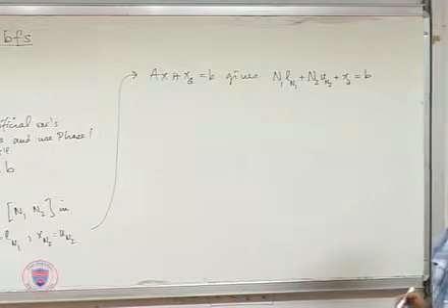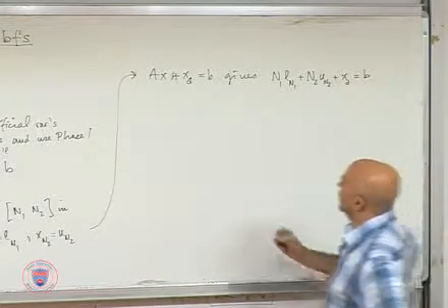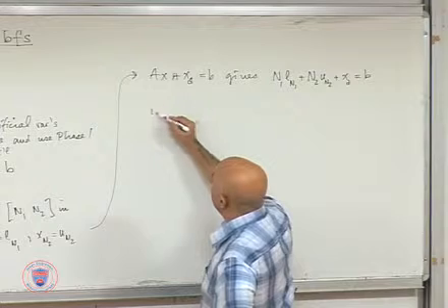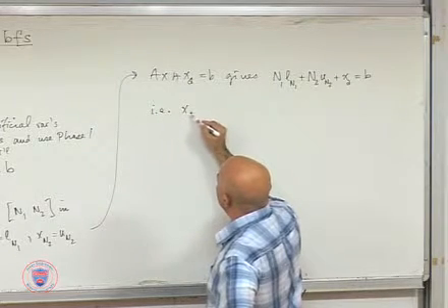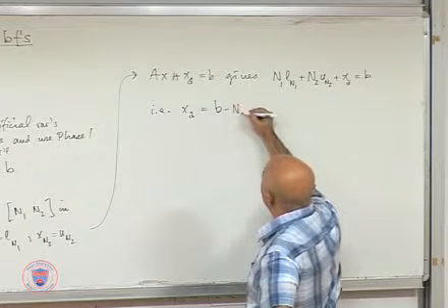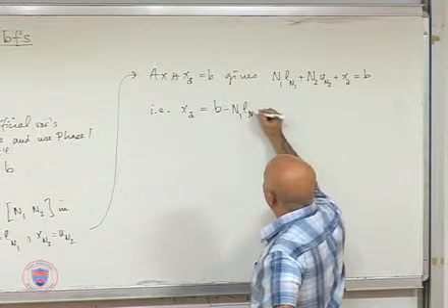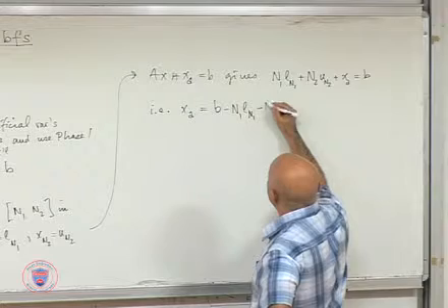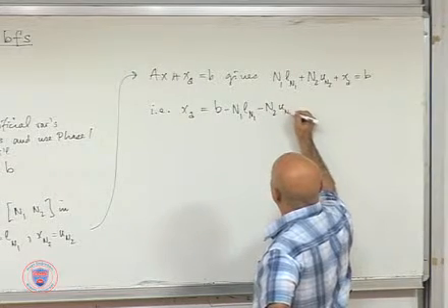That's what it will give you, okay? So x_a is actually equal to b minus N1 l_N1 minus N2 u_N2.